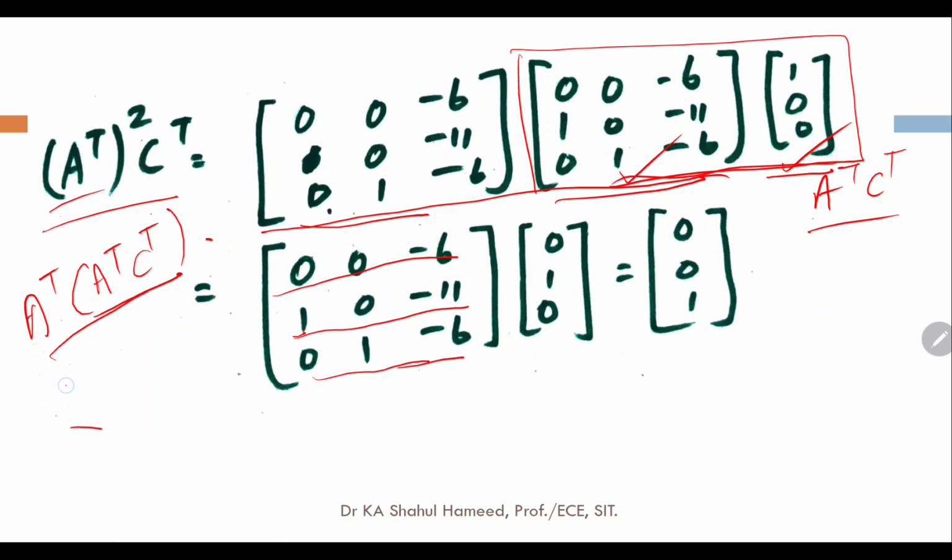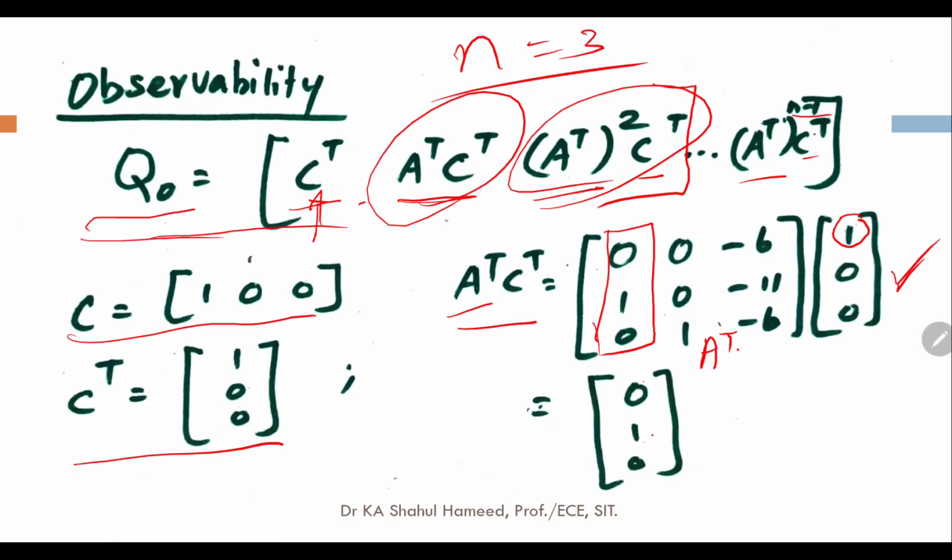So when we multiply these two things, we will get the answer 0, 1, 0. That is, here we have A transpose C transpose is 0, 1, 0.